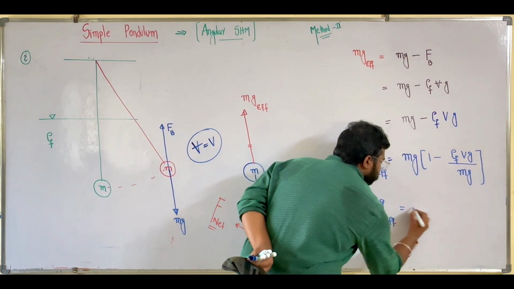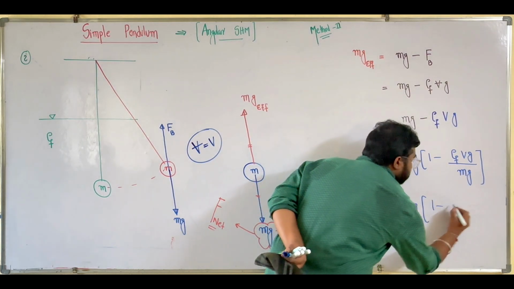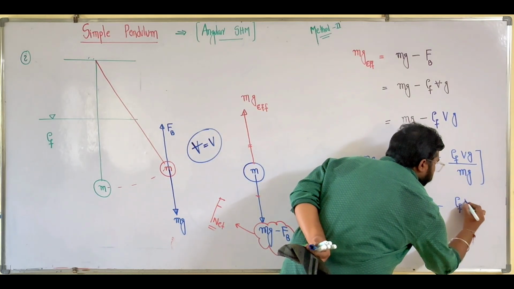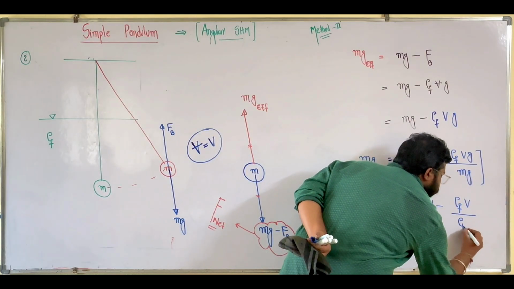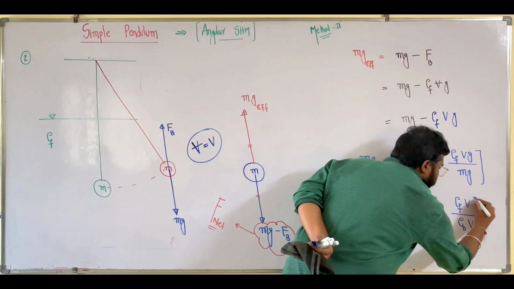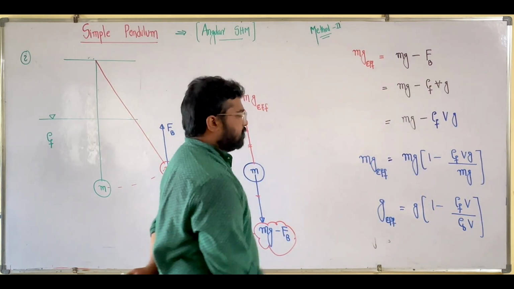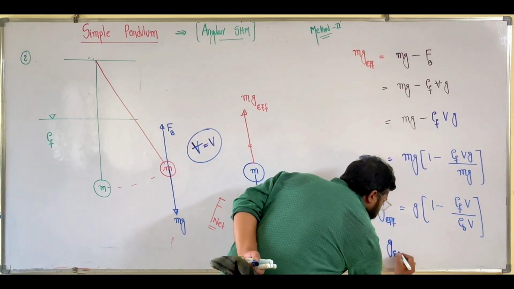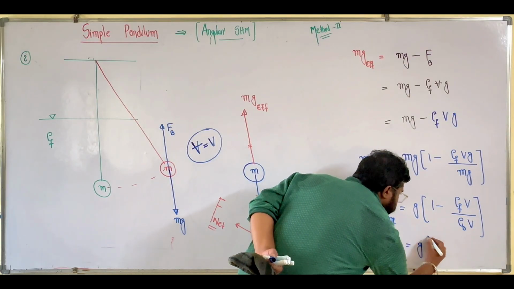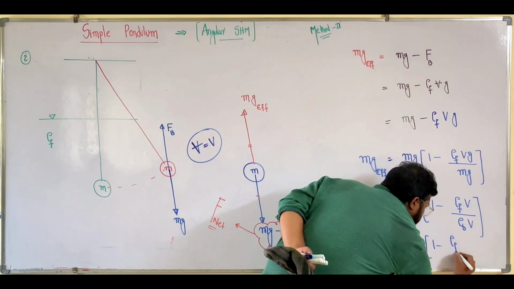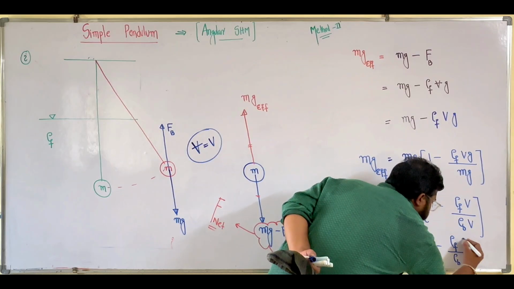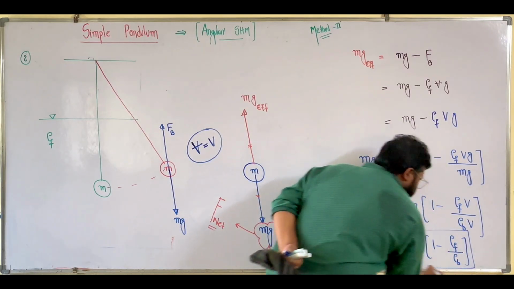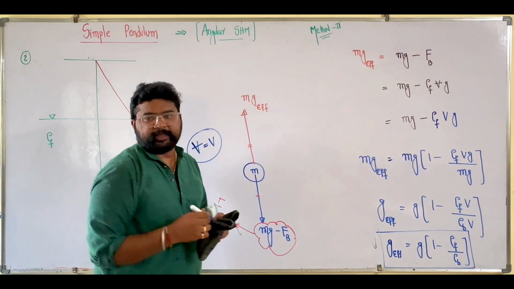G effective is G into 1 minus density of the fluid into V by density of the bob into V. Finally, G effective can be written as G into 1 minus density of the fluid by density of the body.